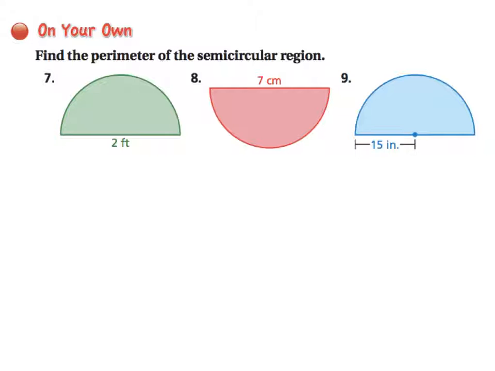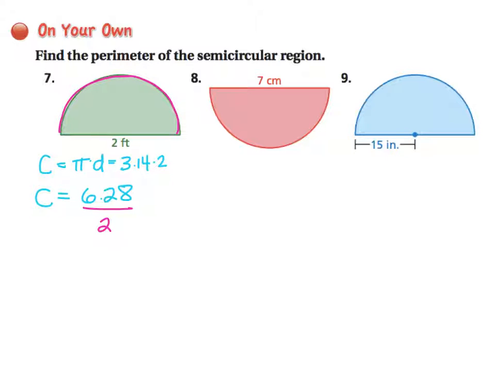So I'll do one more with you, number 7. First, let's find the circumference of the whole shape. It'd be pi times diameter. So it's 3.14 times 2. And I get my circumference of the entire circle is 6.28. But I only want a semicircle, so I have to divide it by 2.